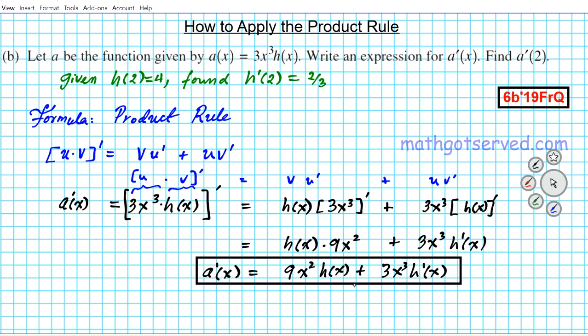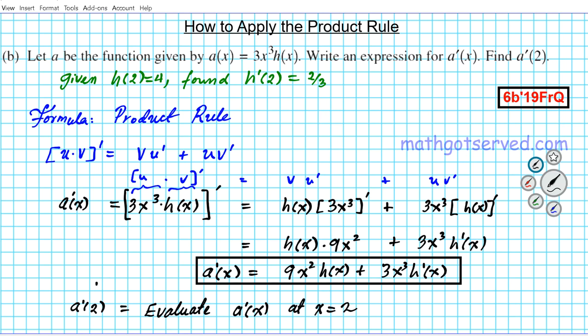All right, so this is the derivative. Now let's go ahead and find a prime of 2. A prime of 2 is the slope of a tangent line, or the rate of change at 2. So how do we find a prime of 2 given a prime of x? A prime of 2 just simply means that you evaluate your derivative, a prime of x, at x equals 2, right?